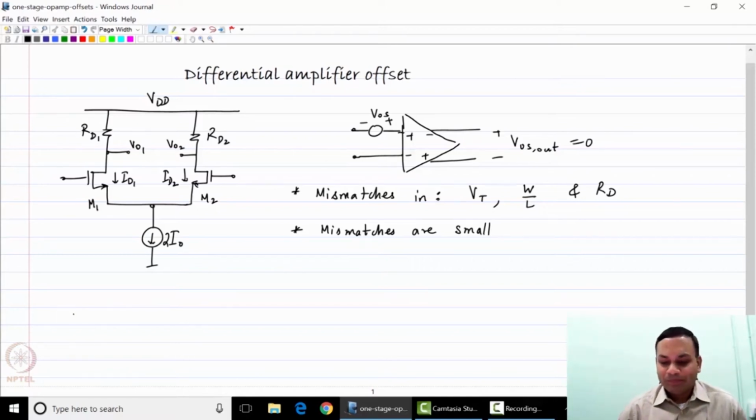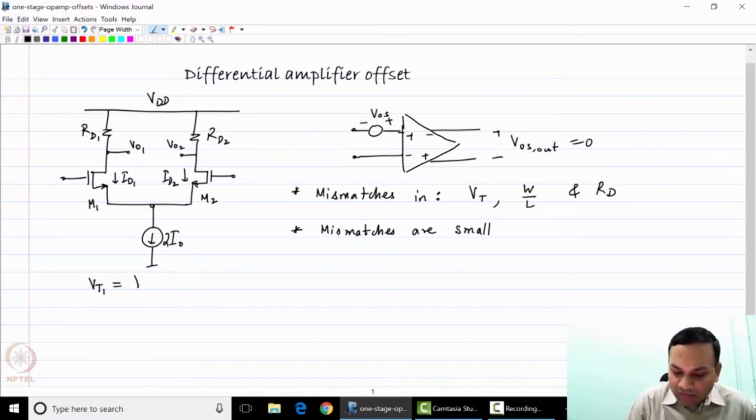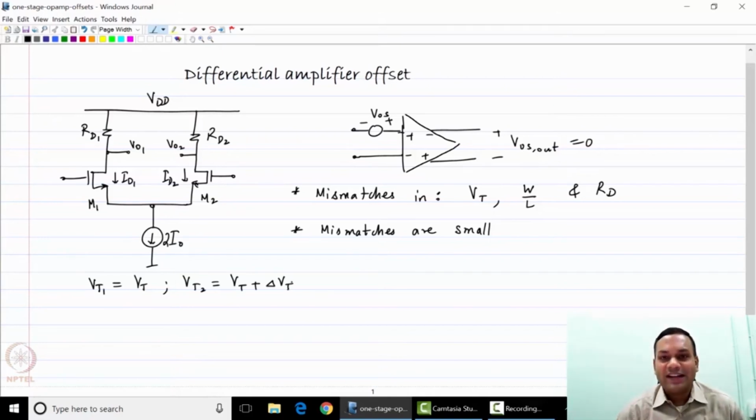So now we will say that VT1 is VT and VT2 is VT plus some delta VT. So it is slightly different from VT1.